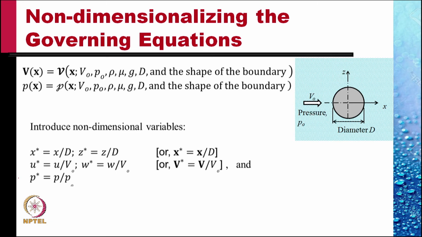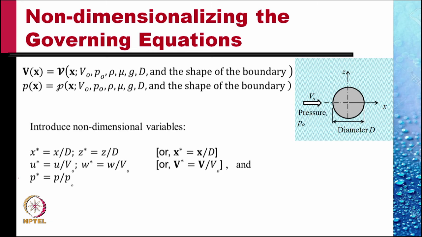Star as a superscript here denotes that we have non-dimensionalized the quantity. X by d, or x star, would be a pure number. This is a measure of the location in terms of the diameter of the cylinder, or a length which is inherent to the problem.